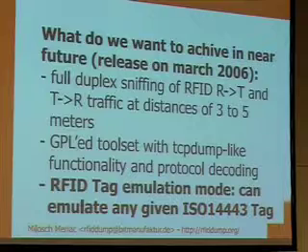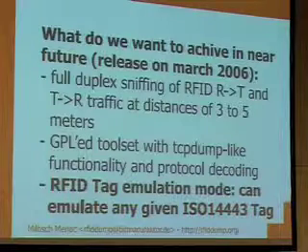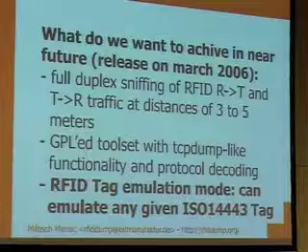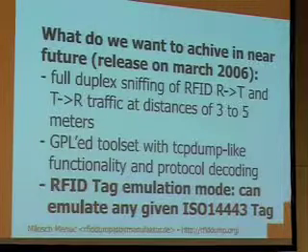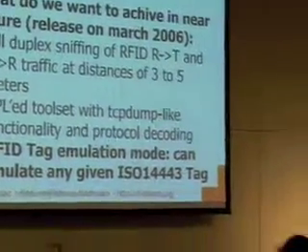So what do we want to achieve? We want to add the reader to tag sniffing into one device, so you can do full duplex sniffing. So you see both parts of the communication at the same time. You don't have to switch actively.